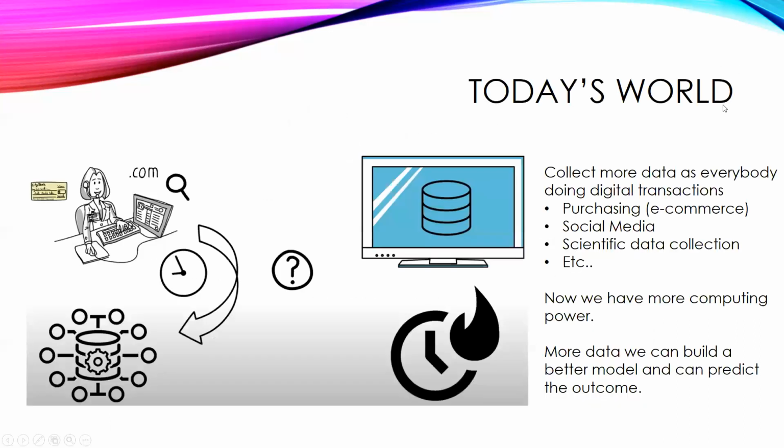All right, so now we are going to go into another example. In today's world, we are collecting more and more data digitally, right? The paper days are over. Everything is digital. You're purchasing, you're paying through Google Pay or PayPal, or you go to social media, likes, dislikes, all of it depends on digital.